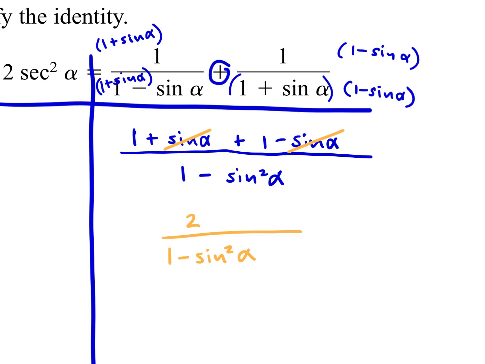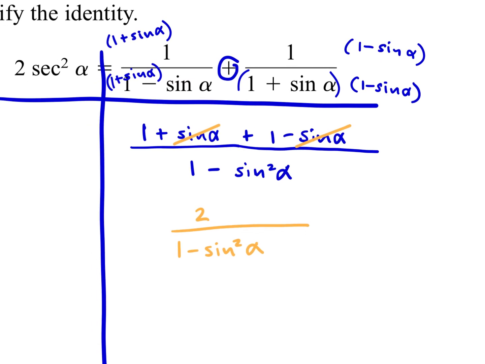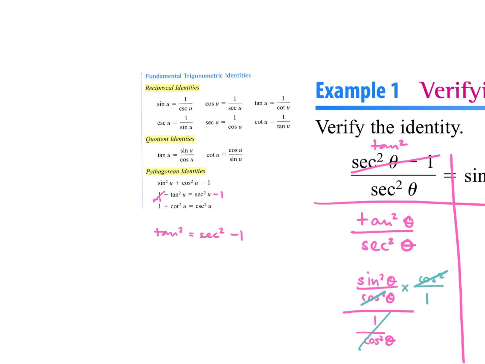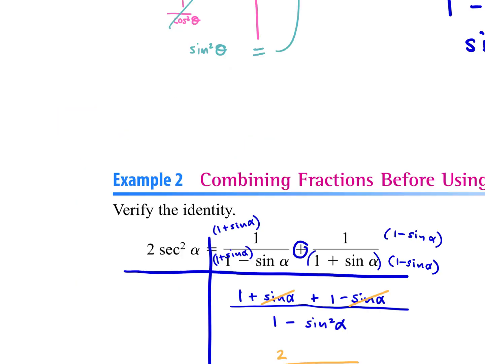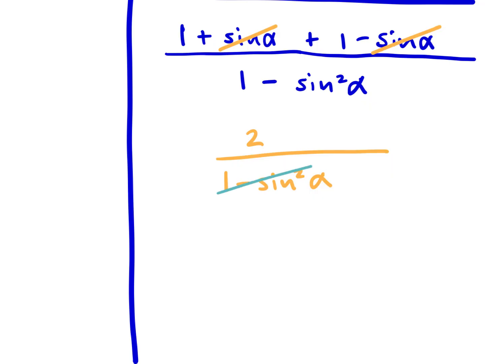What else could we do to simplify? Use our identities. Going over here, we have a 1 minus sine squared, so I can subtract sine squared on both sides. So what does 1 minus sine squared equal? Cosine squared. So I'm going to replace the 1 minus sine squared with cosine squared.